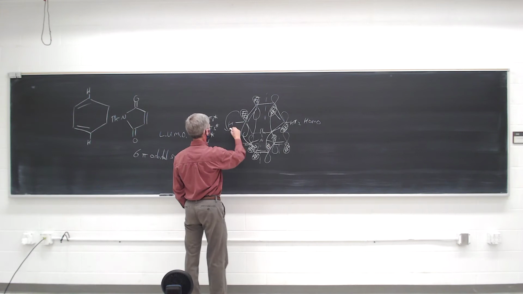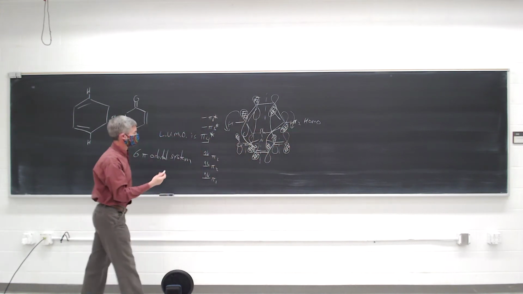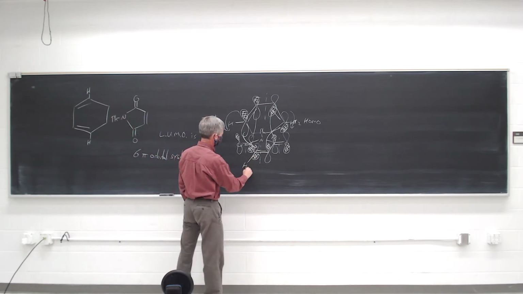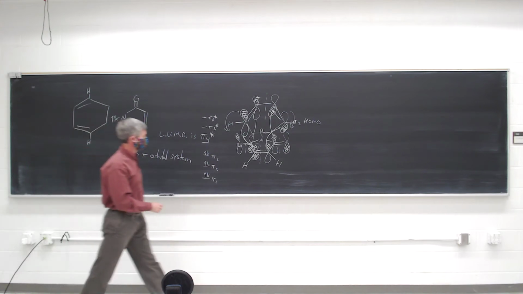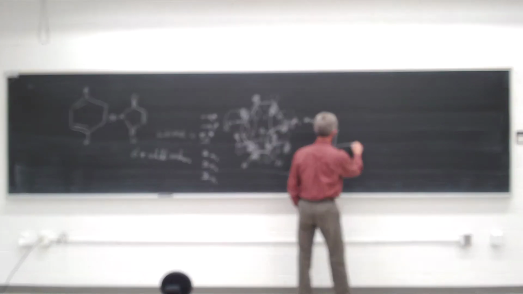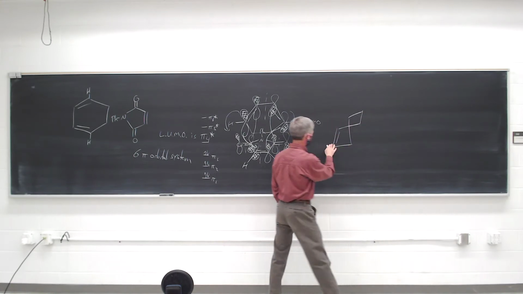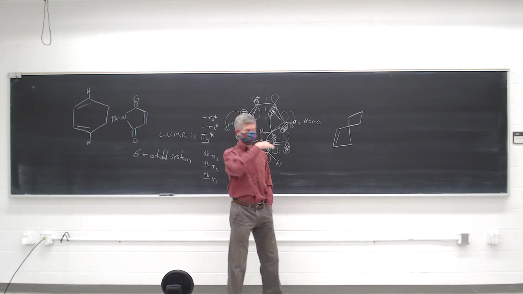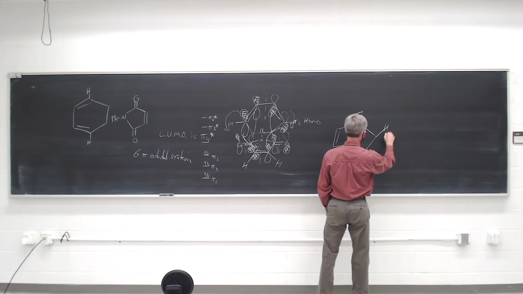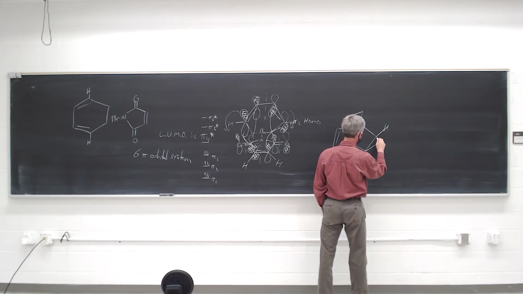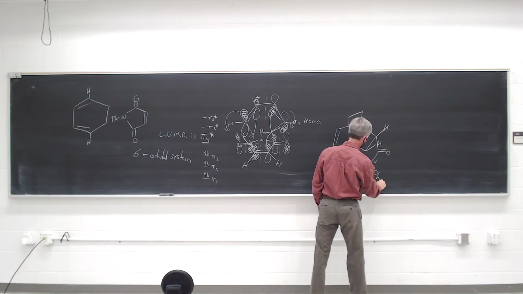It's going to be a disrotatory closure, which means these 2 hydrogens are going to end up going down, and the bridge is going to go up, and the endo positions, which is where the carbonyl groups are, are going to end up going down. So the product will be a bridged bicyclic structure, which has the double bond on the bottom part and the single bond on the top part. 2 hydrogens will be in the exo position, and then my ring will be down like this.